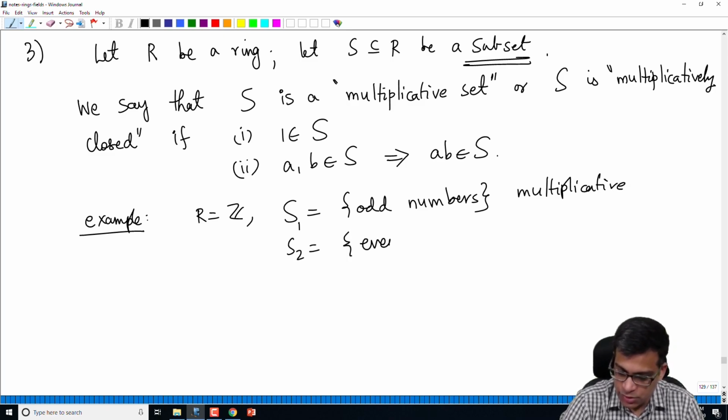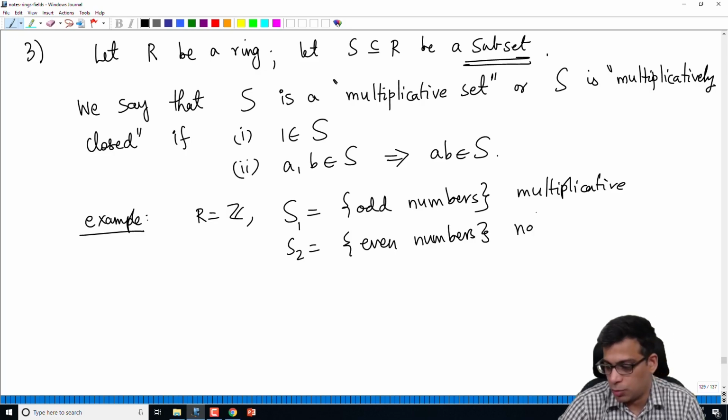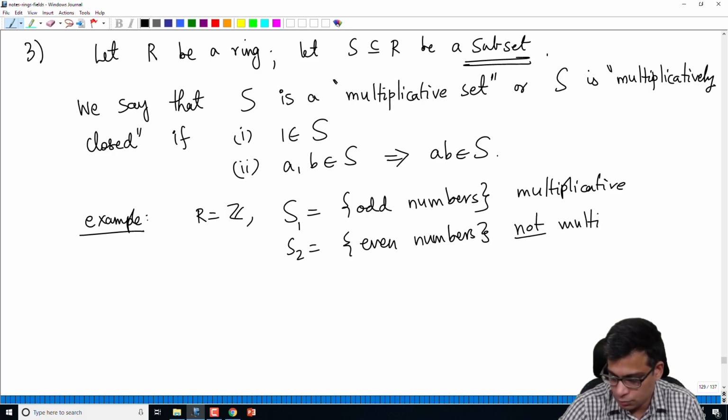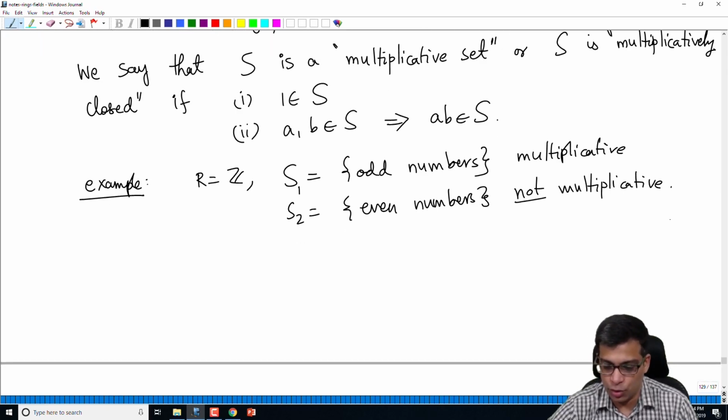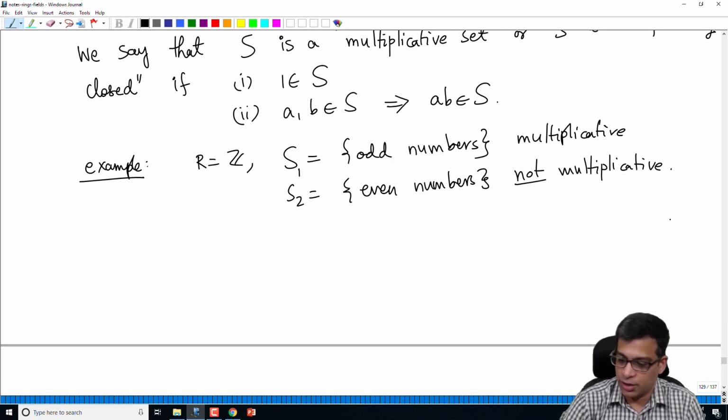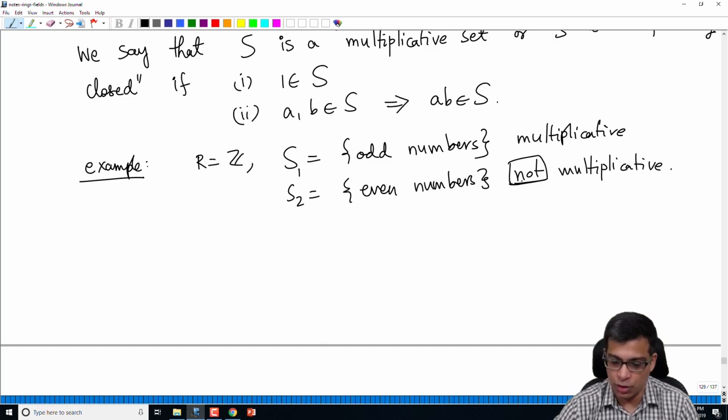S2 is even numbers. This is not multiplicative, because even though the product condition holds, two even numbers multiply to an even number, but 1 is not there. So that's an important condition for us. So it's not multiplicative.